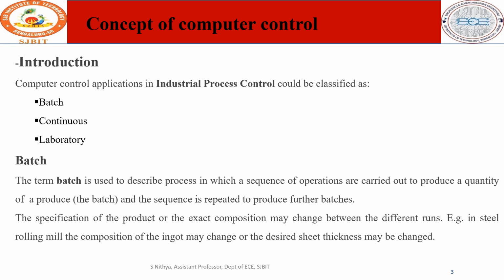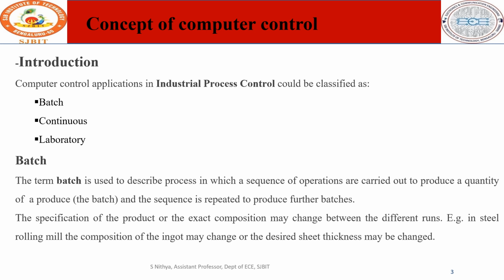Now we consider batch production in the rolling of sheet steel. The ingot must be passed through the rolling mill to produce a particular gauge of steel. The ingot can be of a different composition or rolled to a different thickness. You will get sheets of different thickness in the market, so the specifications of the product may change, and it requires a different setting of the rolling mill.